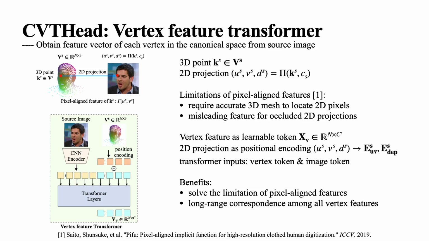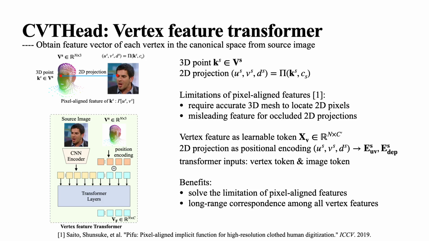Next, we want to obtain the feature vector of each vertex in the canonical space from the source image. A conventional approach involves employing pixel-aligned features, where the 3D points are projected onto the 2D image space, and aligned 2D features are selected from corresponding locations.